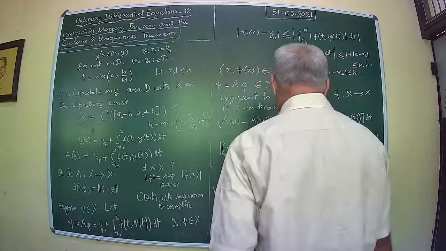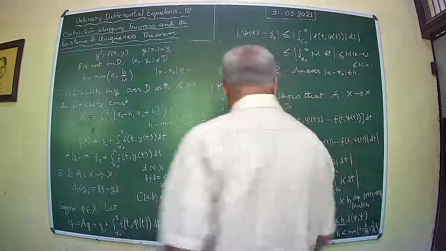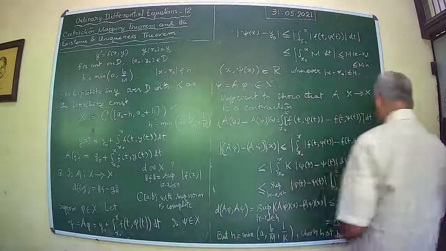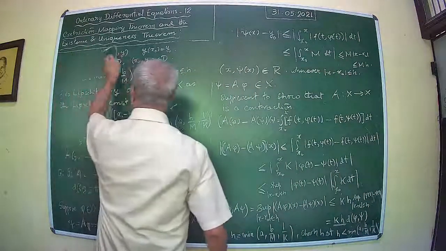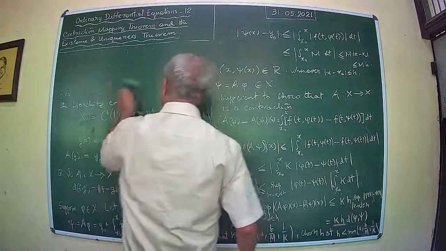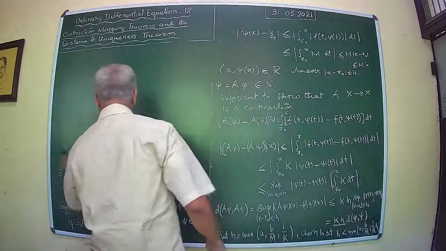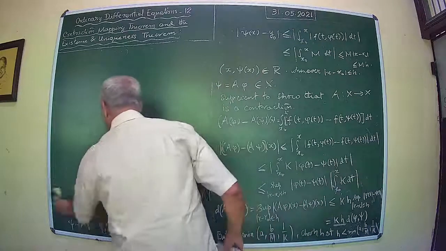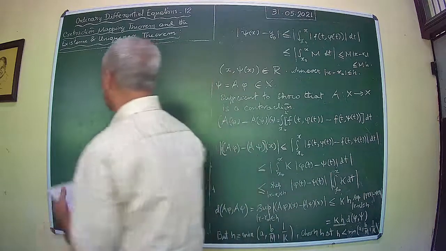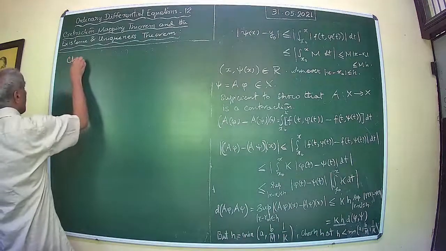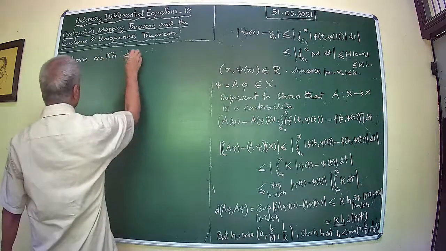Then what happens is k h is less than 1. Let me choose alpha equal to k h, and this is less than 1.